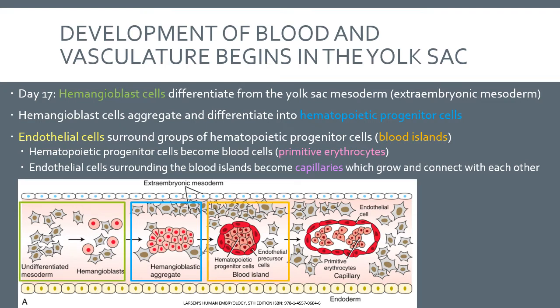From there, endothelial cells are going to start to aggregate around these clumps of hematopoietic progenitor cells, and this group of these two cell types is called a blood island, and there are lots of these.